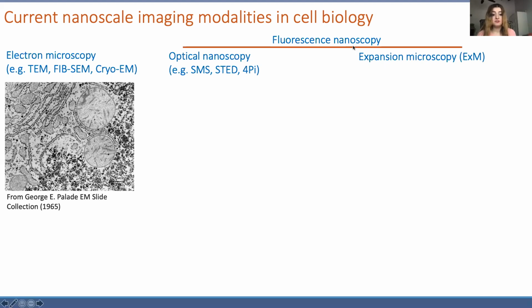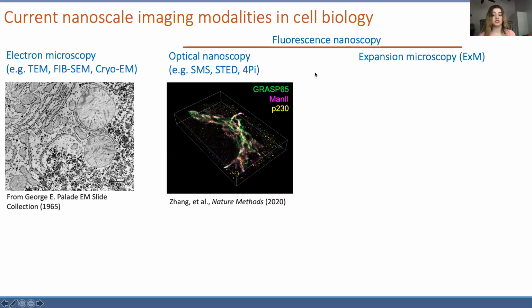And we can divide fluorescent nanoscopy into optical techniques and expansion microscopy, which is a sample preparation technique. Optical nanoscopy techniques circumvent the diffraction limit of light, which is around 300 nanometers, by switching fluorophores between on and off states. Examples include single molecule switching microscopy, or SMS, stimulated emission depletion microscopy, or STED, and 4-pi microscopy.